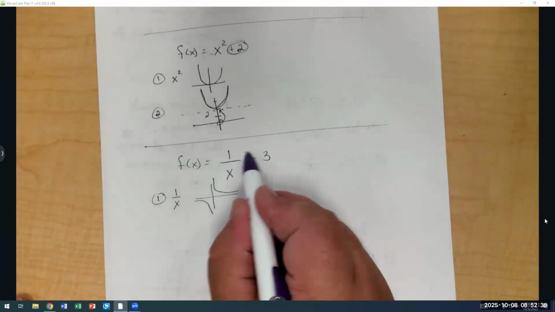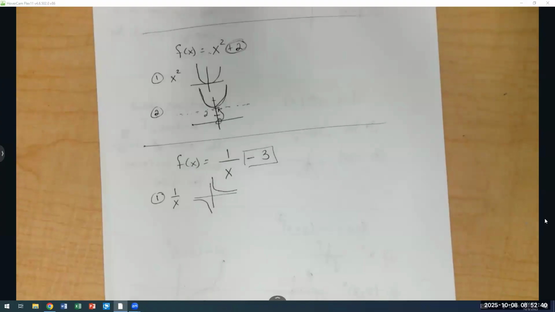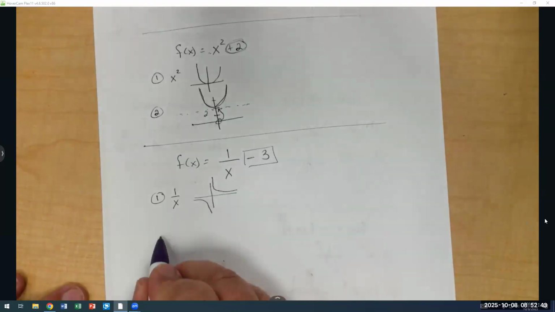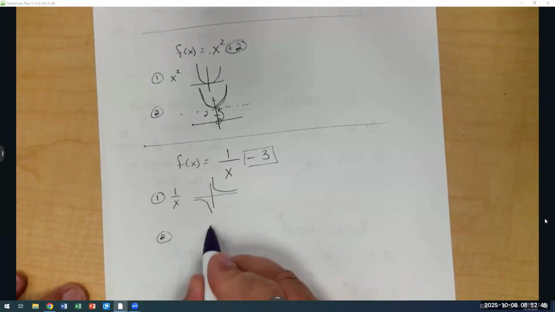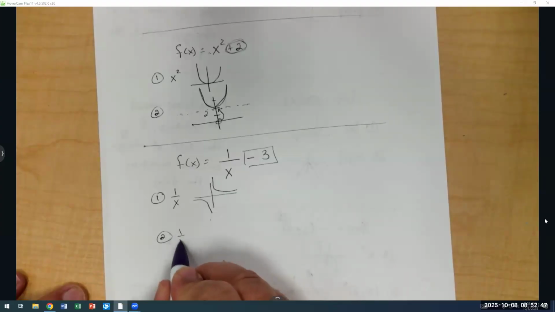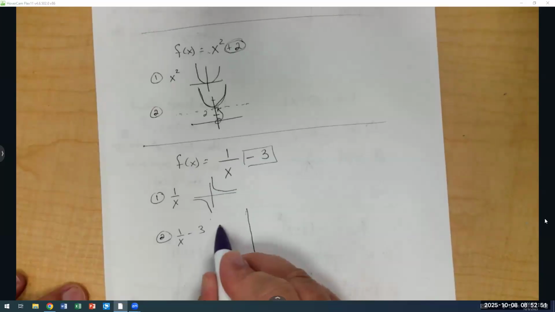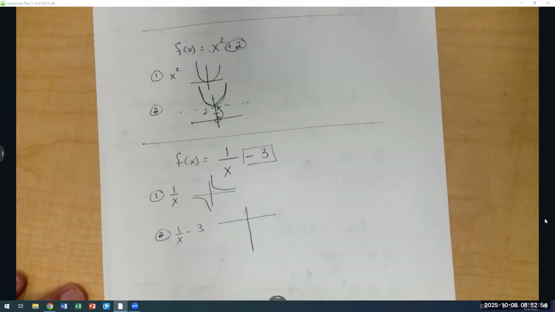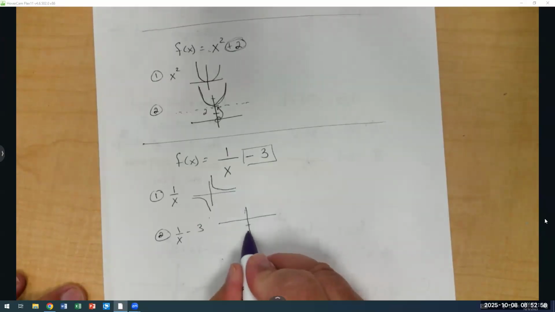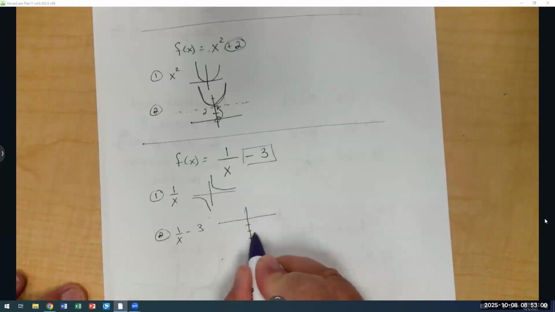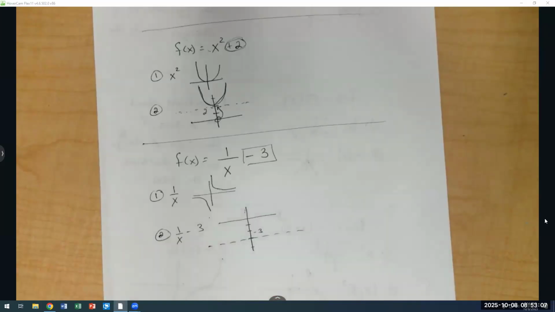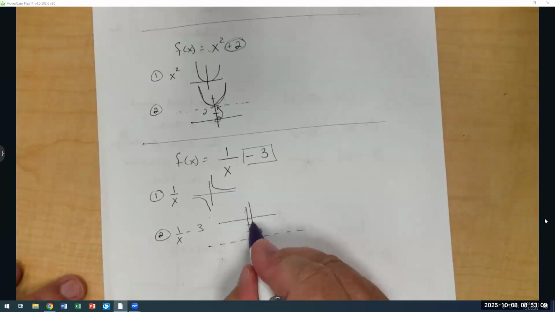So all we have left is this. So what does that tell me to do? Just go down 3 spaces. Here's -3. So there's my new origin. The graph looks the same.